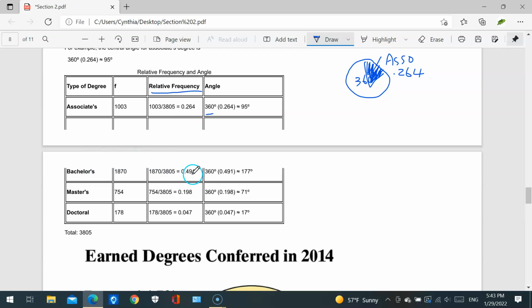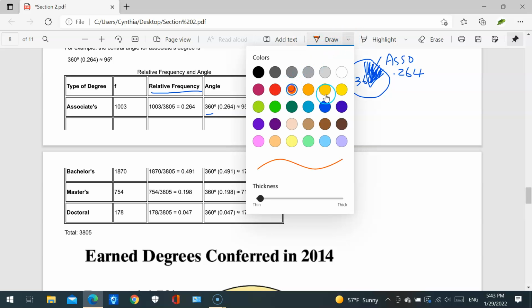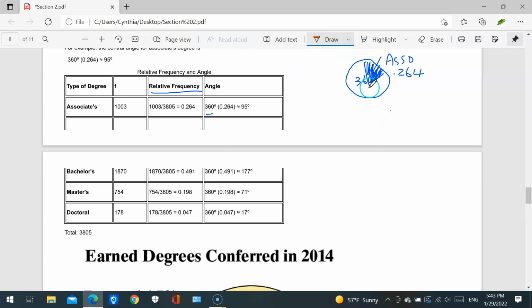Bachelor has 0.491. When you multiply by 360 degrees, you get 177. So 177 is almost half of the circle, right? So we can draw the sector area almost like half of the circle. The red part here represents the bachelor.